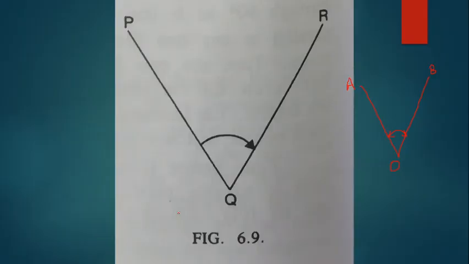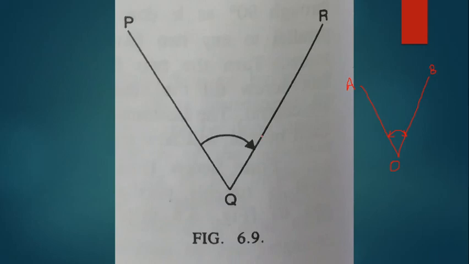Now we'll go back to the diagram again. What we are going to do is bring the telescope onto the QP line again, but without any disturbance in the reading.